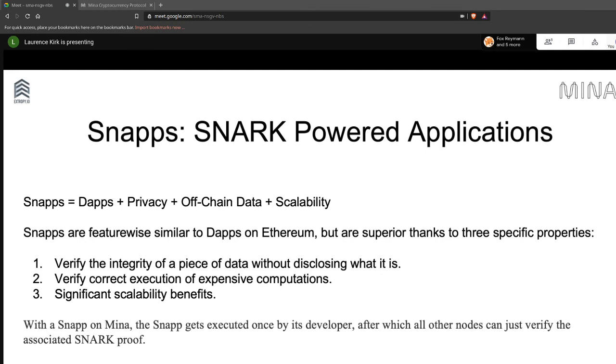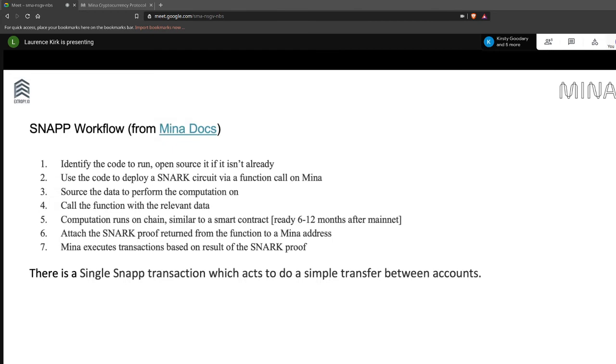and that can then be accepted by the people on the blockchain. So the workflow is to create your snap. You can deploy the code itself onto the Mina blockchain, and then the developer can call this to run it themselves. But it is not being run multiple times, not by everybody.